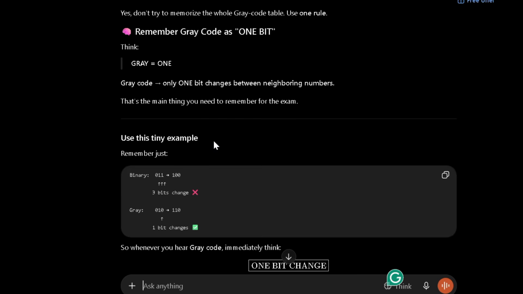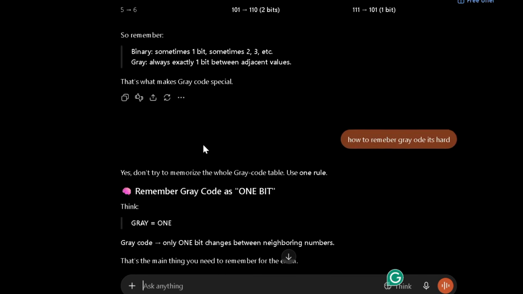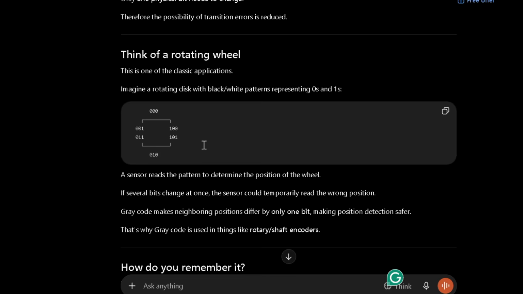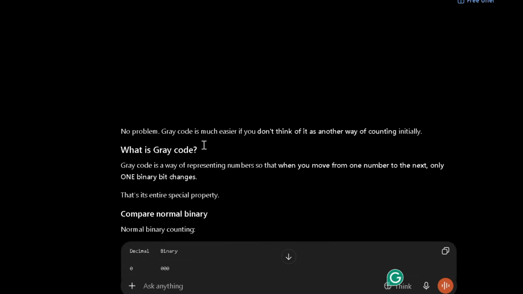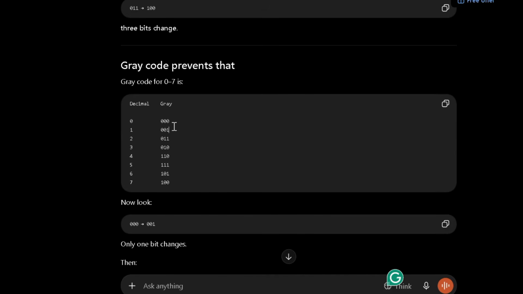In binary, 011 to 100, three bits change here. If we take two numbers from the top, we can understand how the Gray code works. If we take these two, here 0 is converted to 1. If we take these two, here 1 is converted to 0.